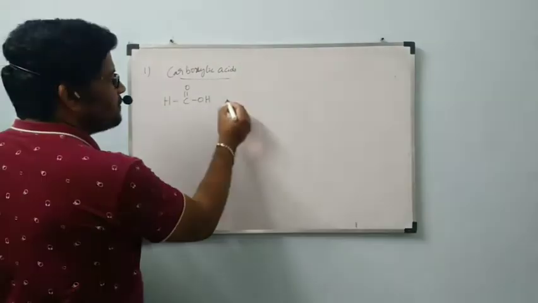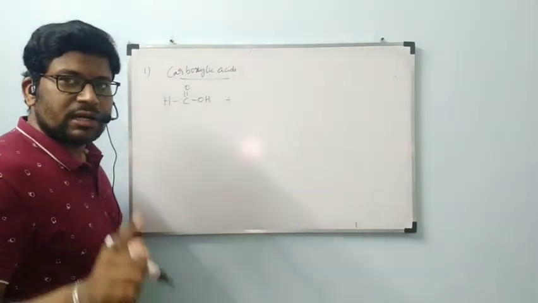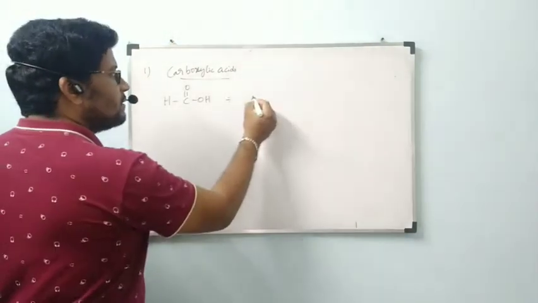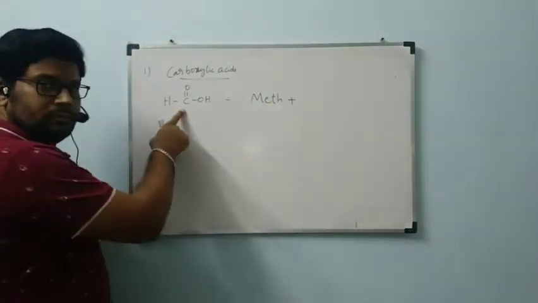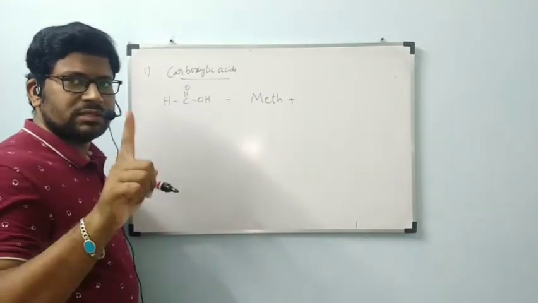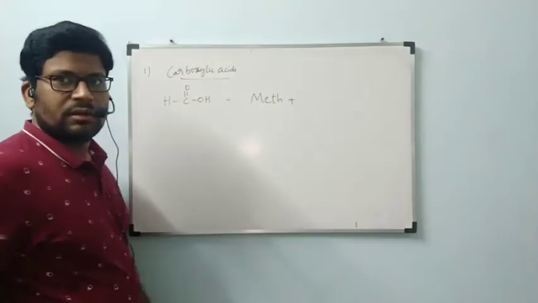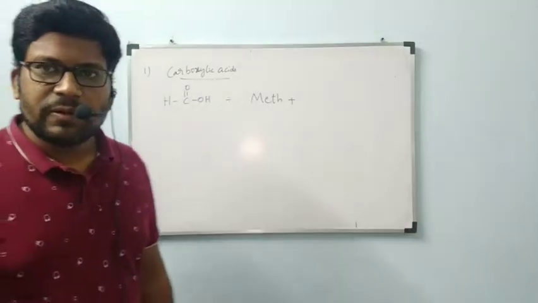Now the name of this compound. First, the root word. It should contain how many carbons? One carbon, then meth. Plus, does it contain any carbon-carbon double bonds or triple bonds?